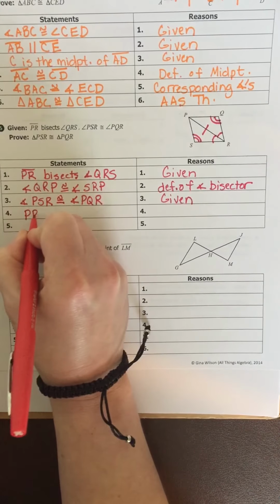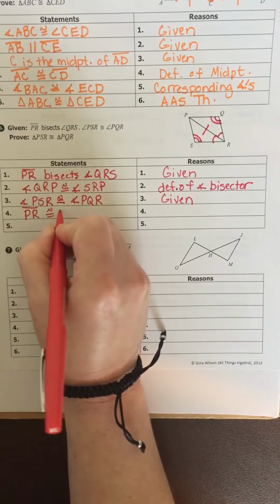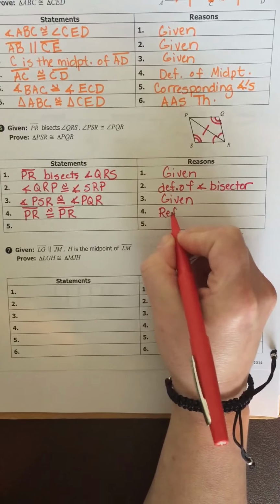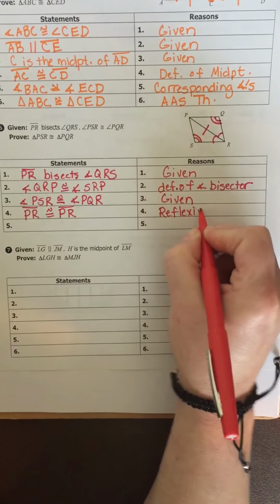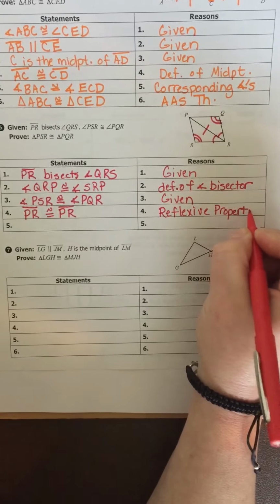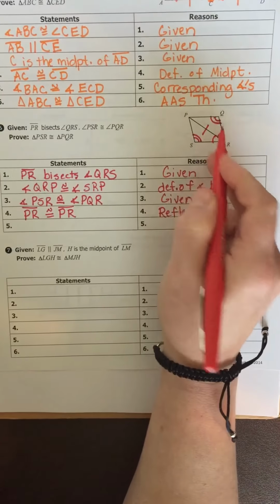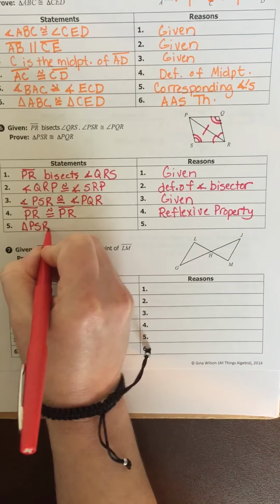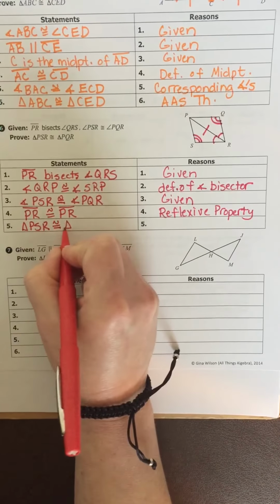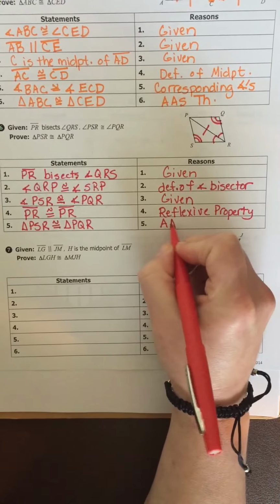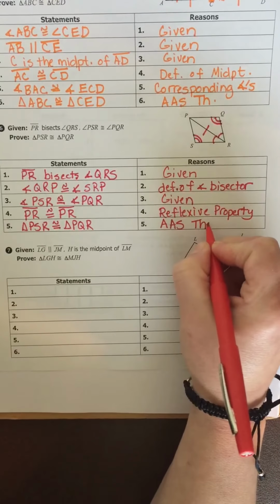So I know that PR is congruent to itself. And we have used this a bunch. It's the reflexive property. So we are good to go. Angle, angle, side. So I can say triangle PSR is congruent to triangle PQR by the angle, angle, side theorem.